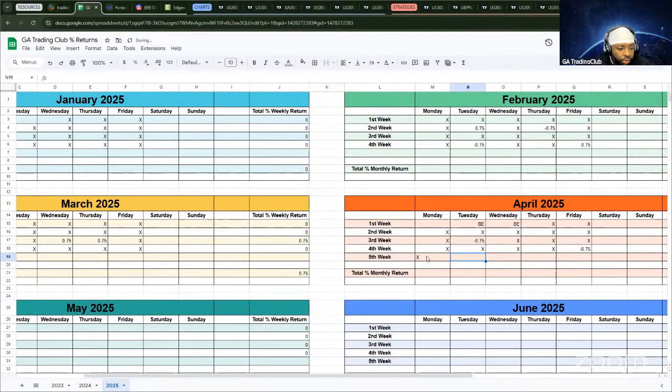All right, so we didn't have a trade yesterday, and then today is a 0.7% gain.